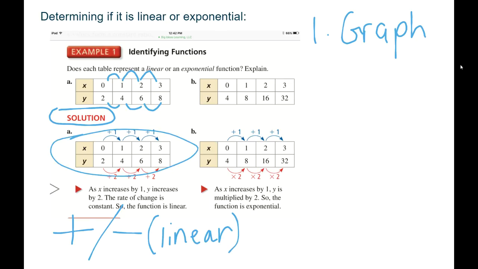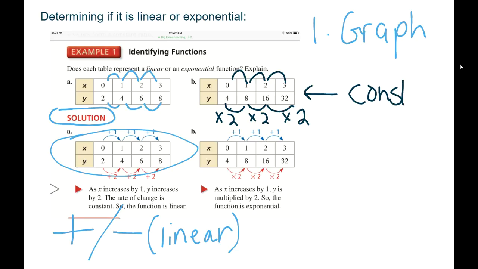Now if you look at part B, as these increase by 1, this is increasing at a different rate, but we can use multiplication. We could say, this is times 2, this is times 2, this is times 2.